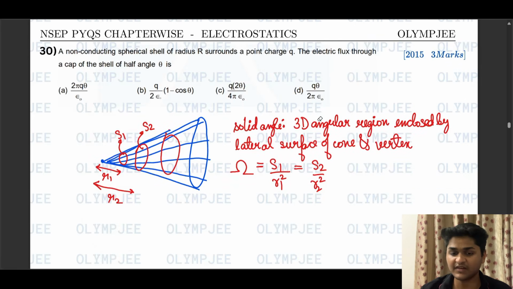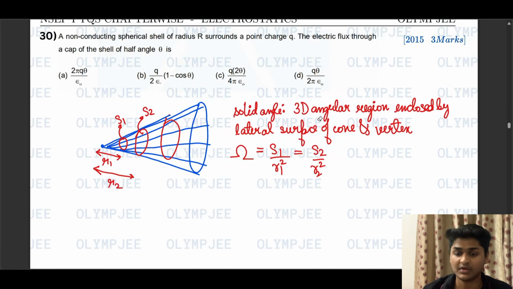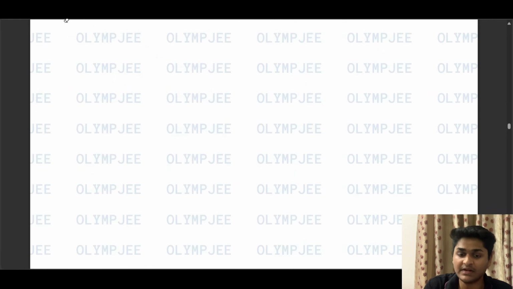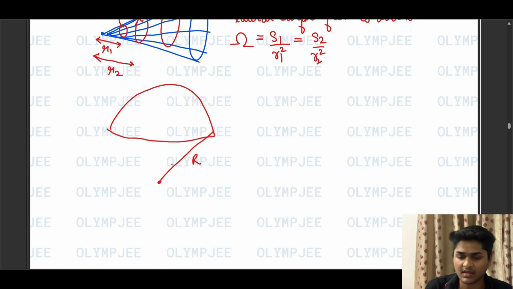So we need to find the flux through a cap of shell of half angle theta. So let me draw the half angle, let me draw the shell. So assume that this is the shell and this is the center. So this will be radius r, and we are taking an element at angle phi from this vertical line.